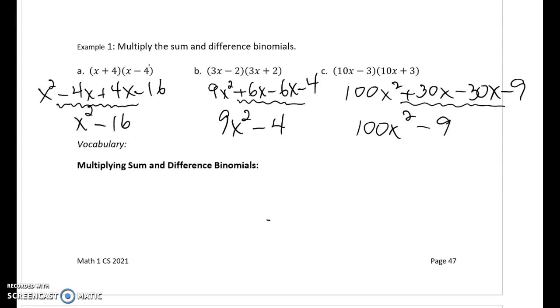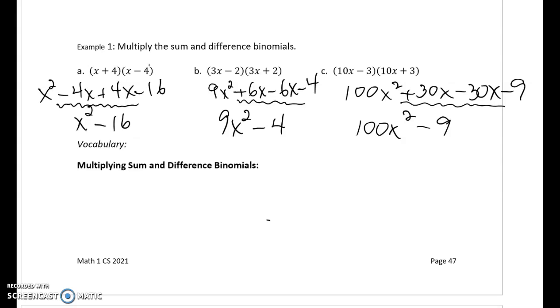We should also notice that the signs in between the terms are a plus and a minus. That's a pattern in how these problems are set up, and it's in that pattern that we want to find a shortcut to more efficiently find the product of these types of problems.